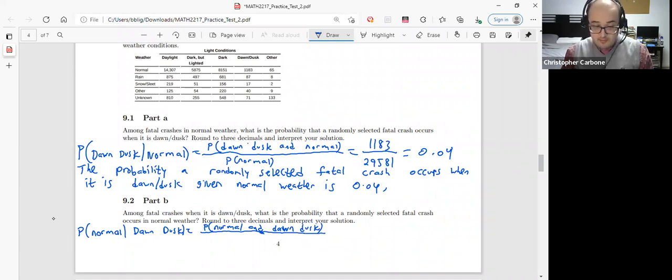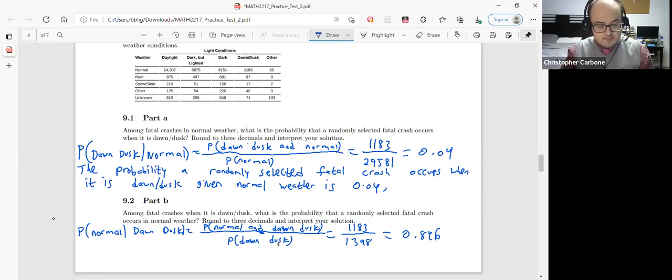That whole thing divided by the probability of it being dawn or dusk. So same numerator, 1,183. The denominator, though, now we add down the dawn or dusk column, and that is 1,398. So 1,183 divided by 1,398 gives us a very different probability, 0.846.